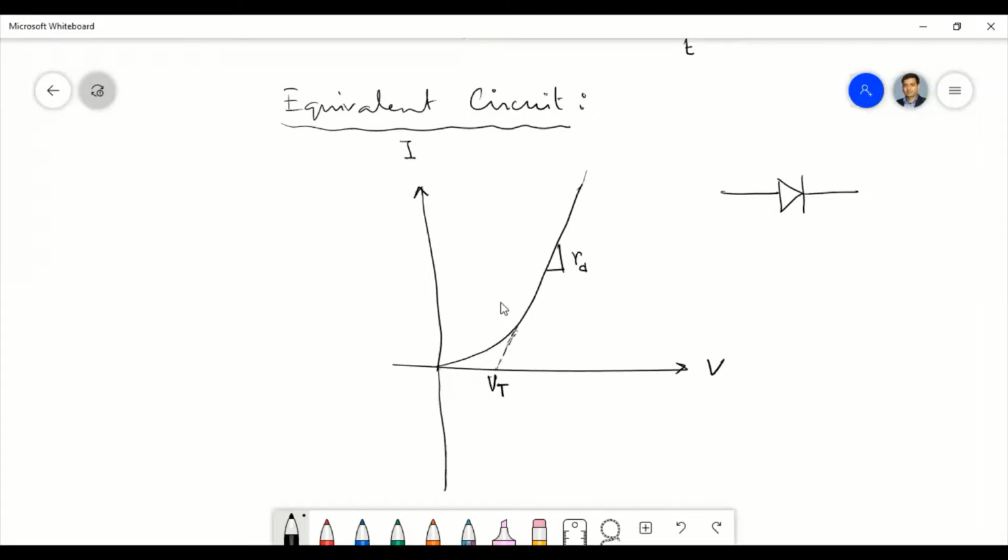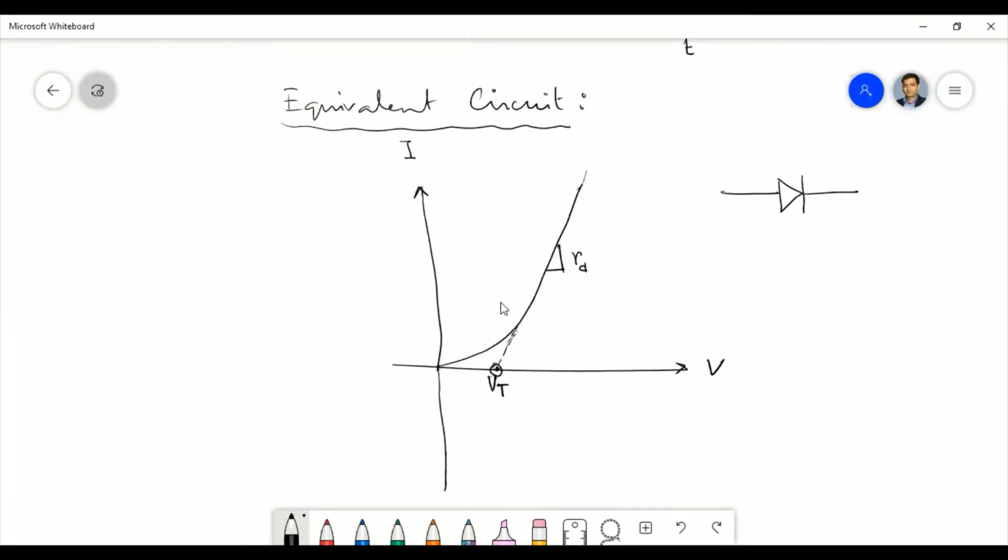So if we extrapolate this line towards the x-axis, it will intercept at a particular point, and that point of interception is called the threshold voltage VT.